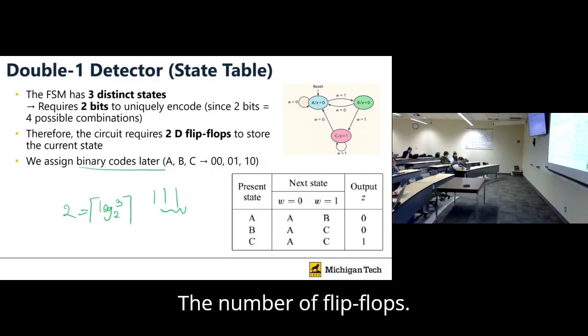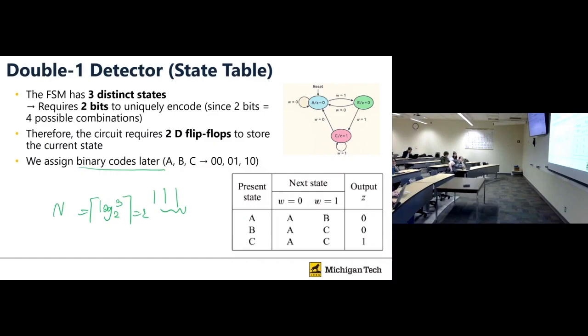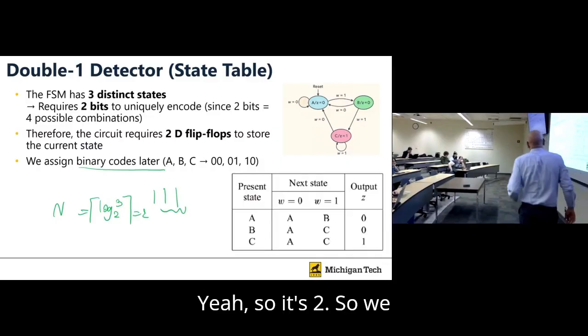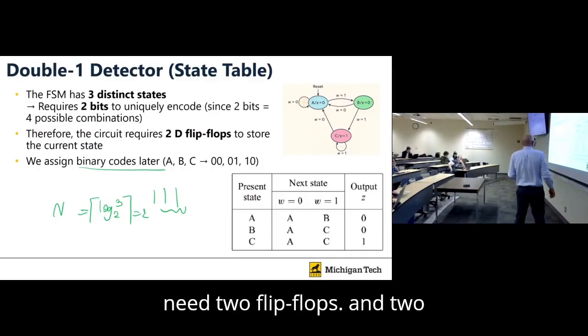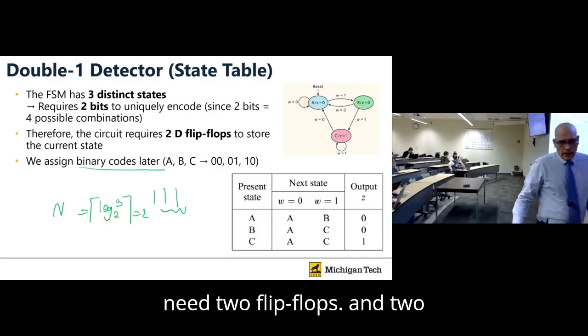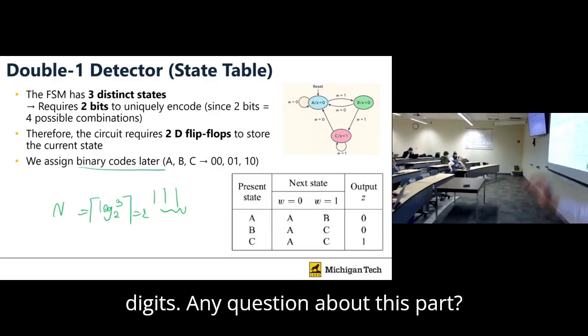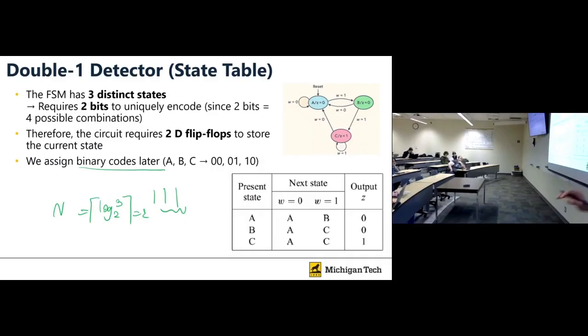The number of flip-flop digits is 2. So we need 2 flip-flops and 2 digits. Any question about this part?